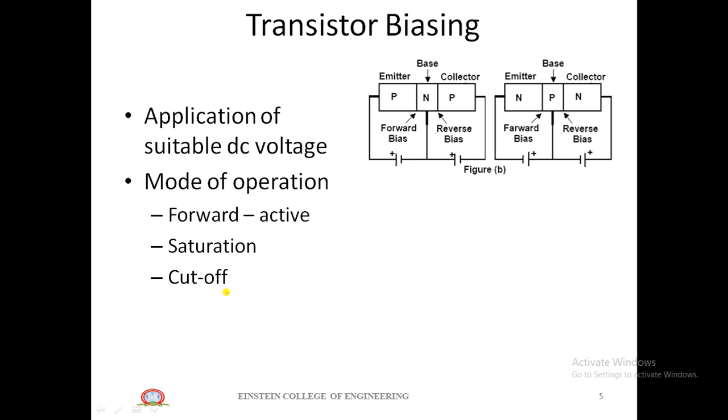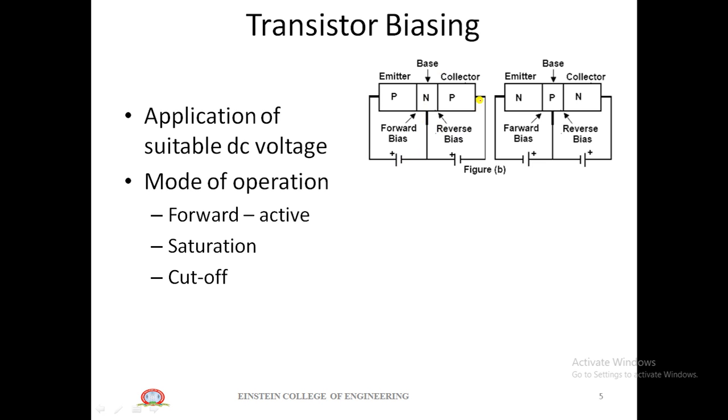First we see about the forward active mode. In forward active mode, the emitter base junction will be forward biased and collector base junction will be reverse biased. What is forward bias? The P-type material is connected to the positive terminal. N-type material will be connected to the negative terminal.